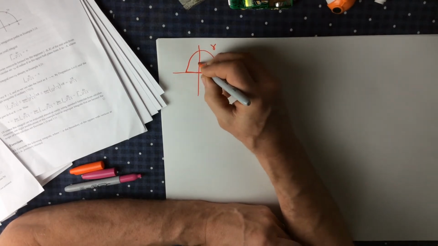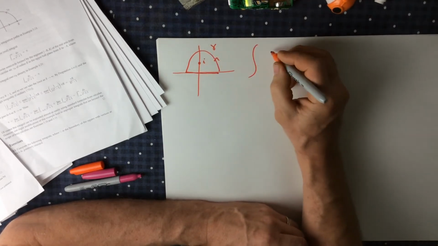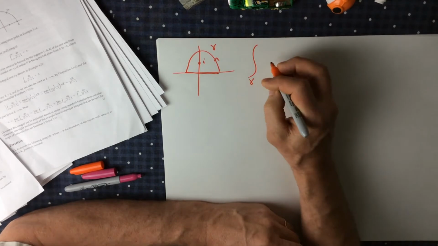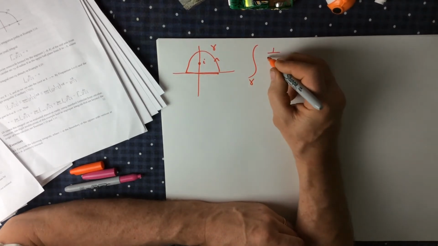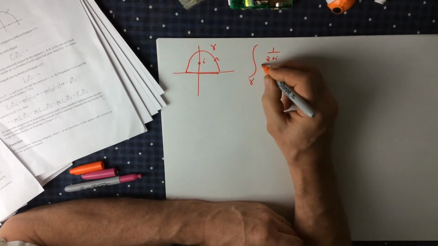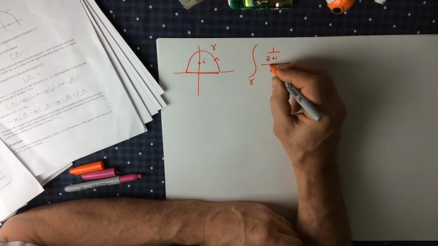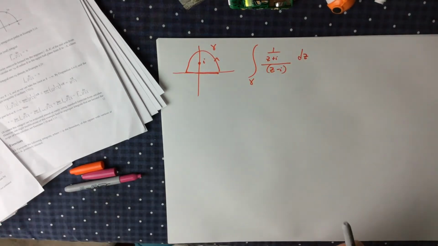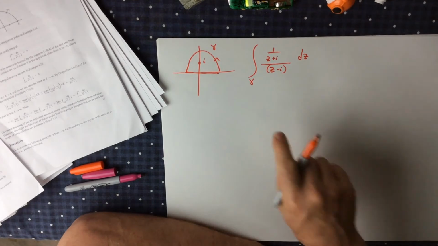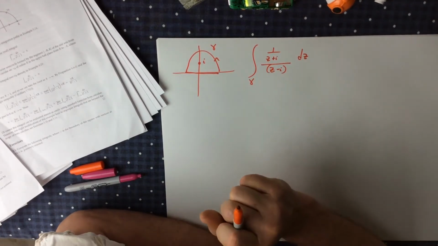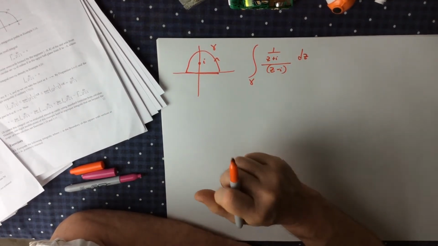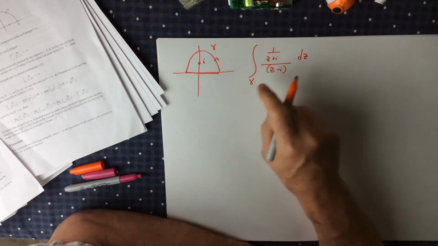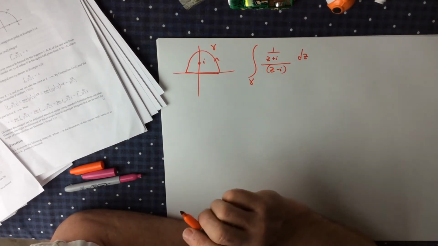We have gamma, we have i, and we have the integral around gamma, 1 over (z plus i)(z minus i) dz. Now I wrote it this way because I have factored z squared plus 1. z squared plus 1 has i and minus i as roots, and I put them at the bottom.